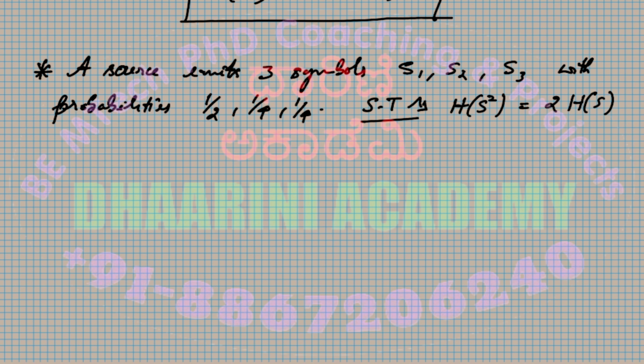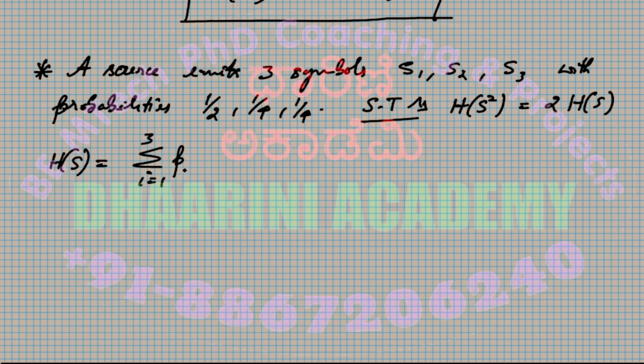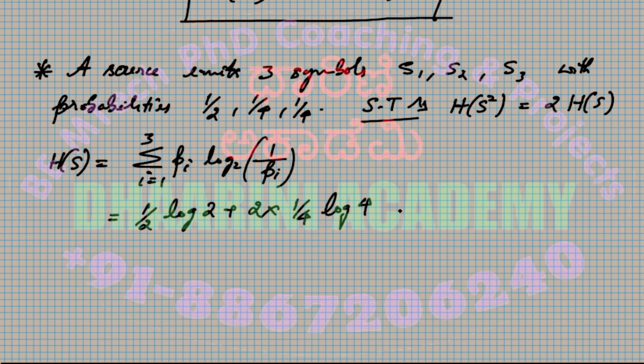So what we do, first we directly calculate H of S, right? H of S is equal to summation i is equal to 1 to 3 of pi log to the base 2 of 1 by pi. So simply it is 1 by 2 log 2 plus 2 times 1 by 4 log 4.